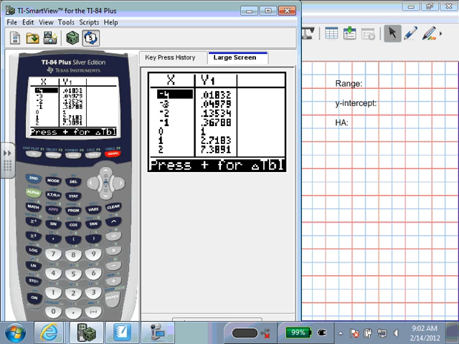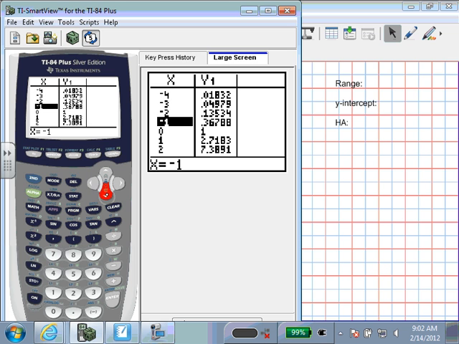Notice that for negative powers, I get small values. For 0, I still get 1. For 1, I get 2.7. For 2, I get 7.3891. So that's close to 9. For 3, I get 20. Base 3 would have 27. So we are growing slightly slower than 3 to the x.